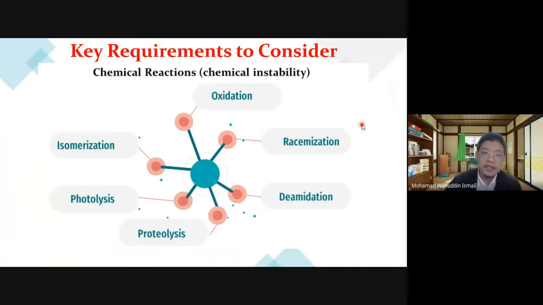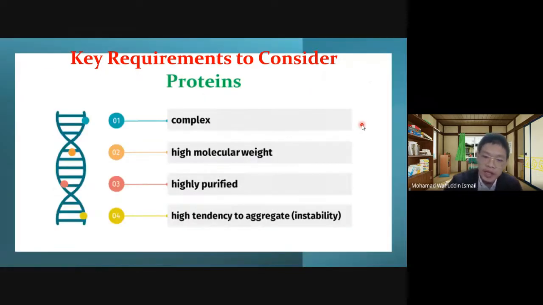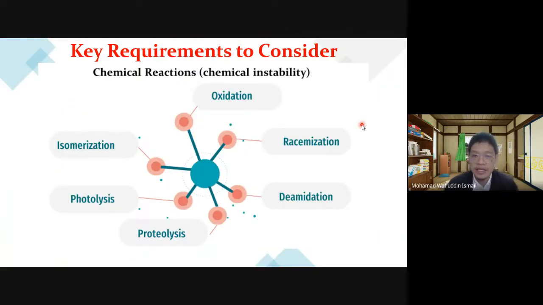Next, key requirements to consider: chemical instability, because proteins, as mentioned, have a high tendency to aggregate. In terms of instability, the chemical properties of the protein mean they can undergo certain reactions.